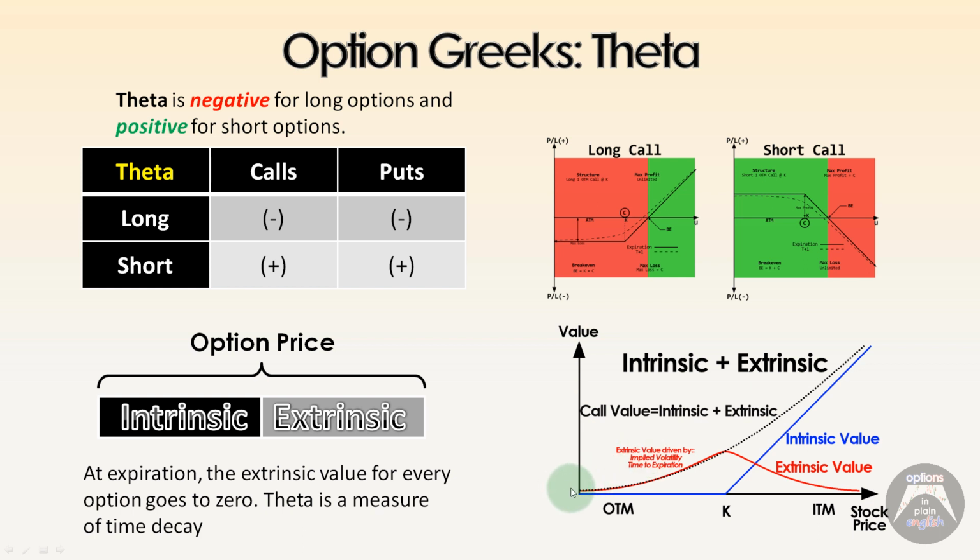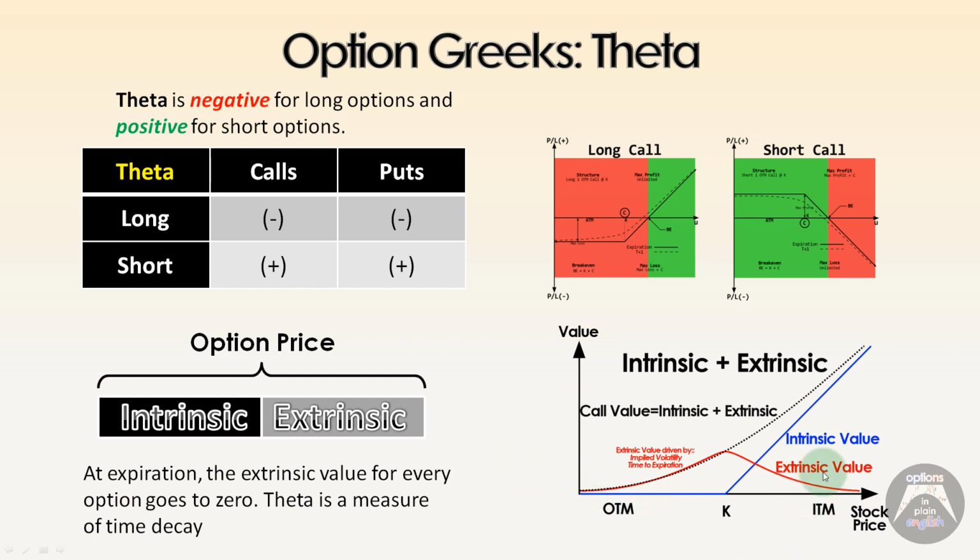Okay, so as you can see, the extrinsic value or time value peaks right at the money. This is where it has its maximum value, and it starts going down as you start getting further and further away from the at the money. And it doesn't matter whether it is in the money or out of the money.